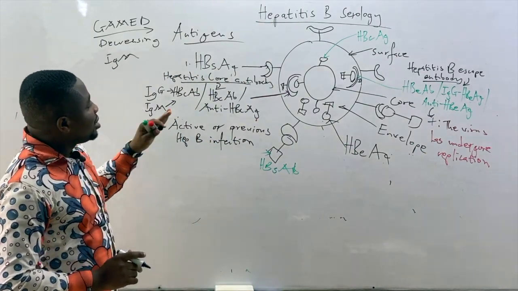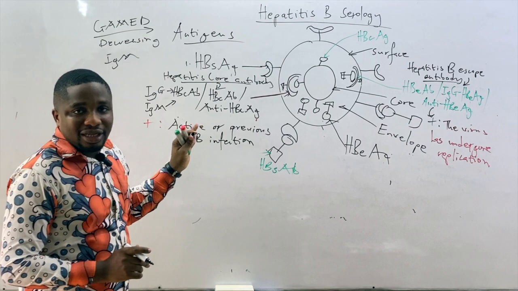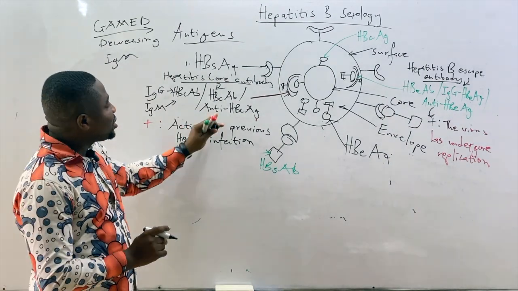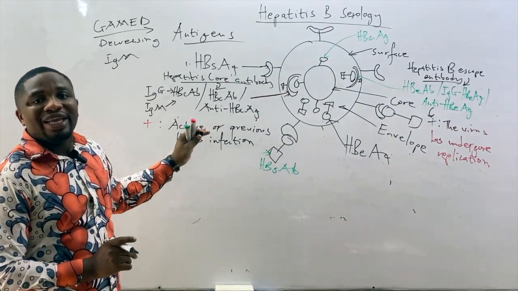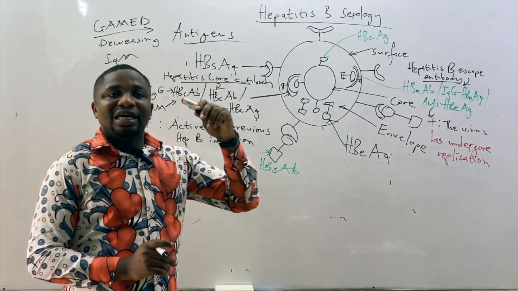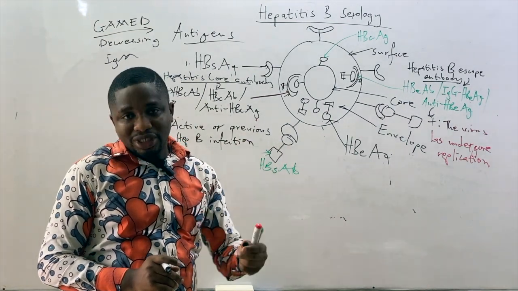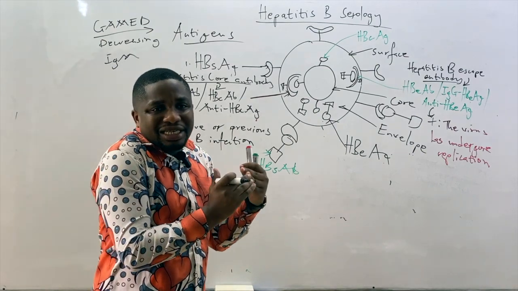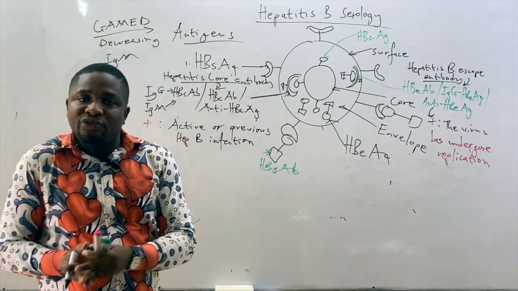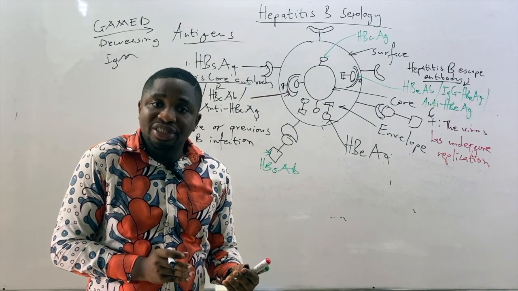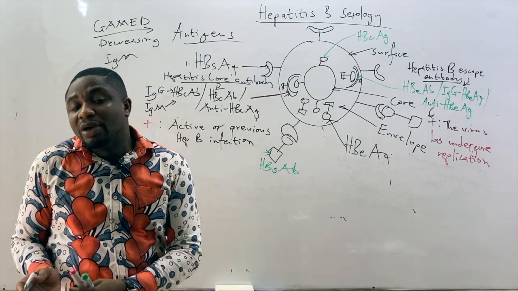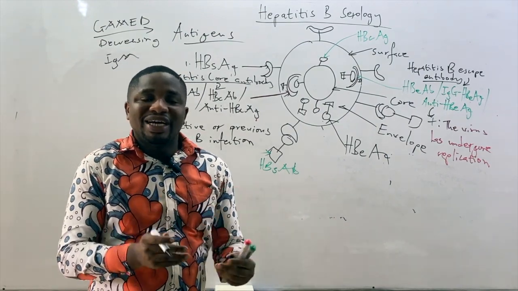Now, this is the thing I was talking about. This is what is going to help you to know, if hepatitis B surface antibody is positive, whether the patient has been cured from a previous hepatitis B infection or is immune due to vaccination.